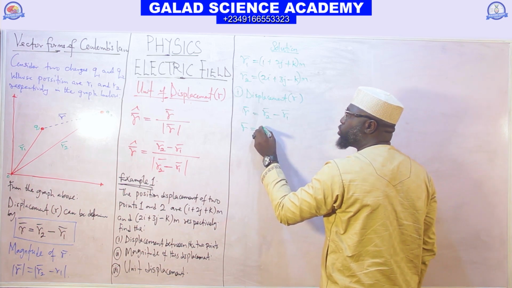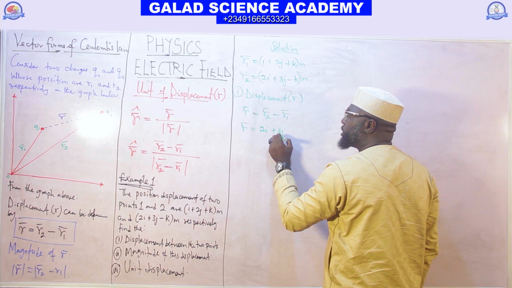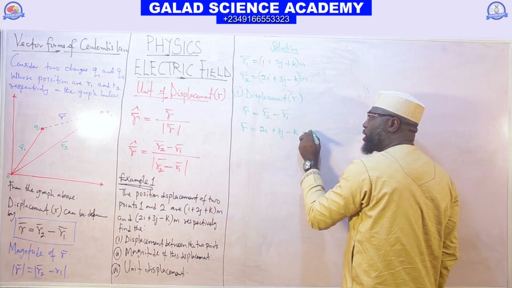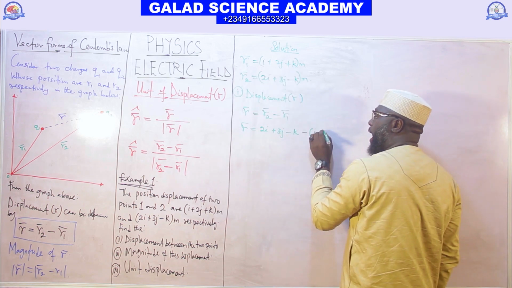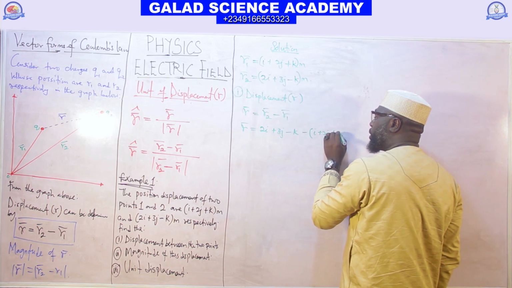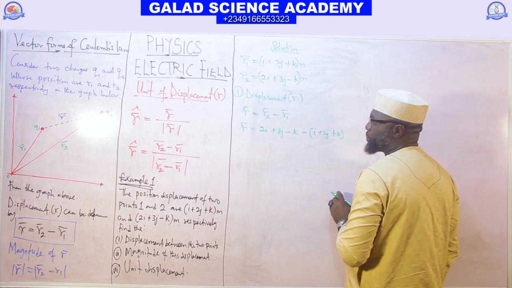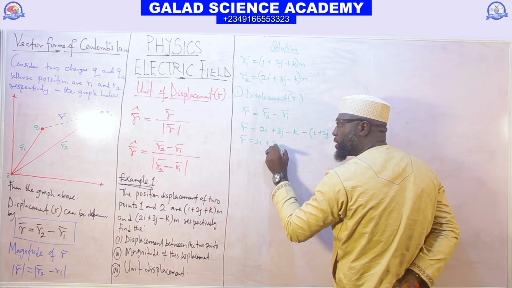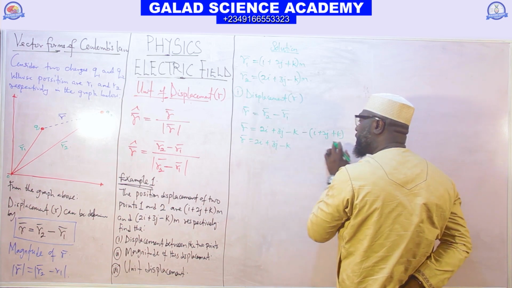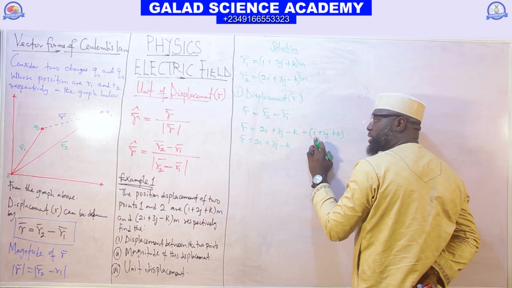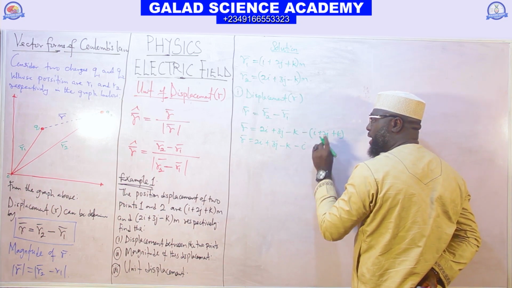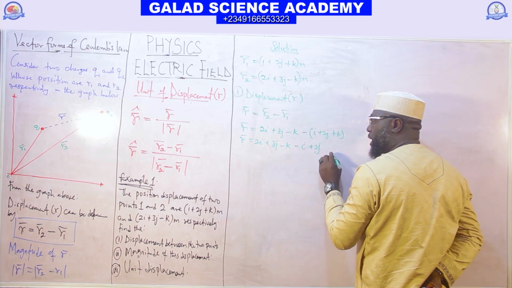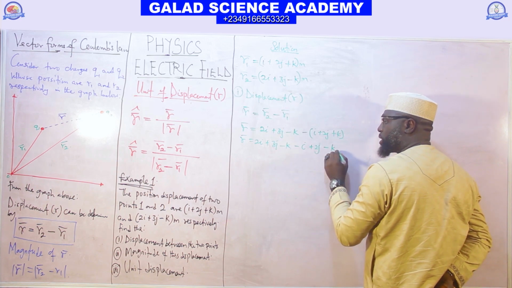We have 2i plus 3j minus k, minus everything we have here, i plus 2j plus k. Open the bracket: minus i, minus 2j, minus k.